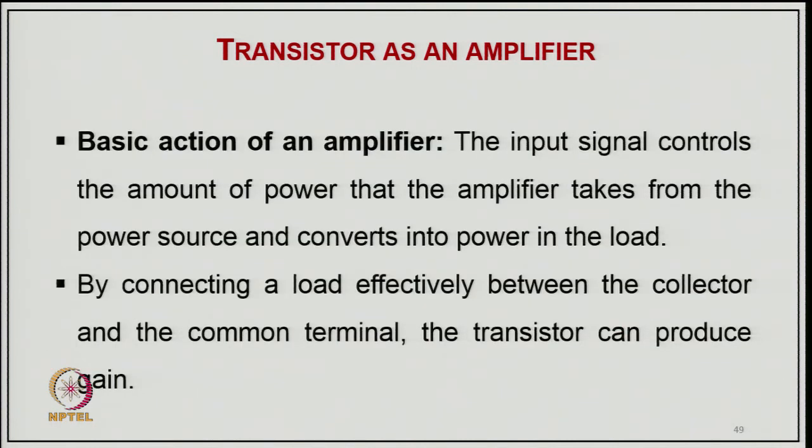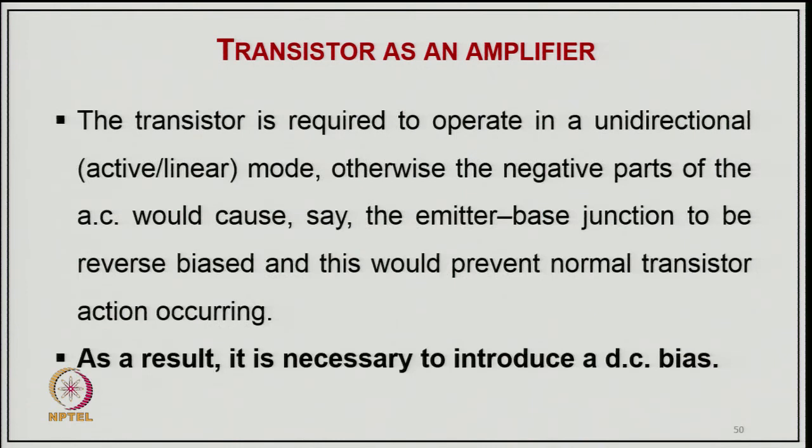The basic action of an amplifier, which I already discussed, is that the input signal controls the amount of power that the amplifier takes from the power source and converts into power in the load. By connecting the load effectively between the collector and the common terminal, the transistor can produce a gain.